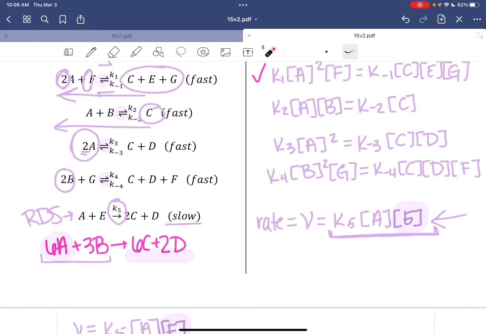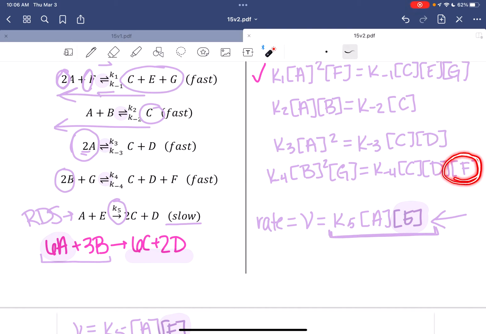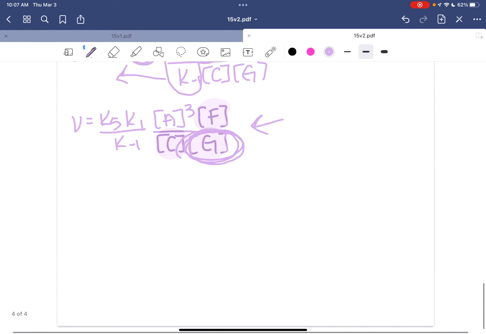It appears in elementary step number 4. And actually so does F here, as well as that product that we still have in the rate law. So this elementary step number 4 could be a really helpful substitution. It might help us cancel out more than one thing. So that's the elementary step that we're going to use. So I'm going to put that down here.